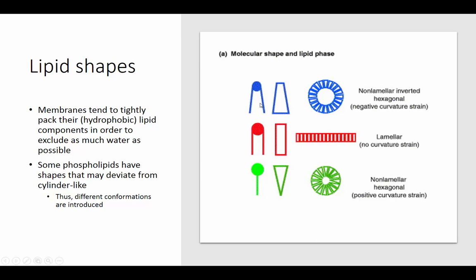If you have some more inverted, kinked hydrocarbon tails, you might have a more triangular or rhomboid looking lipid shape, and that allows for some curvature, this negative curvature here that you can see.